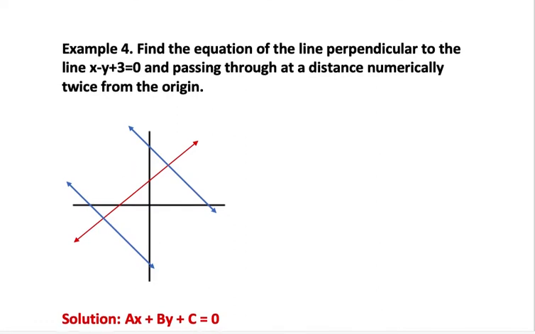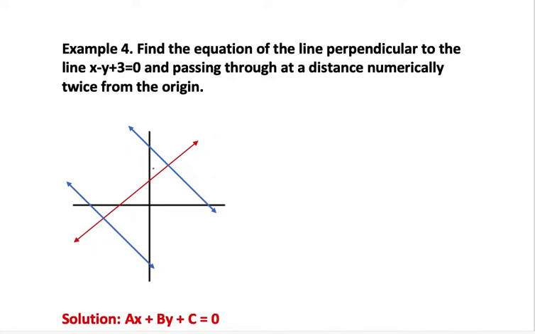Okay. So, find the equation of the line perpendicular to the line x minus y plus 3 equals 0 and passing through at a distance numerically twice from the origin. Okay.